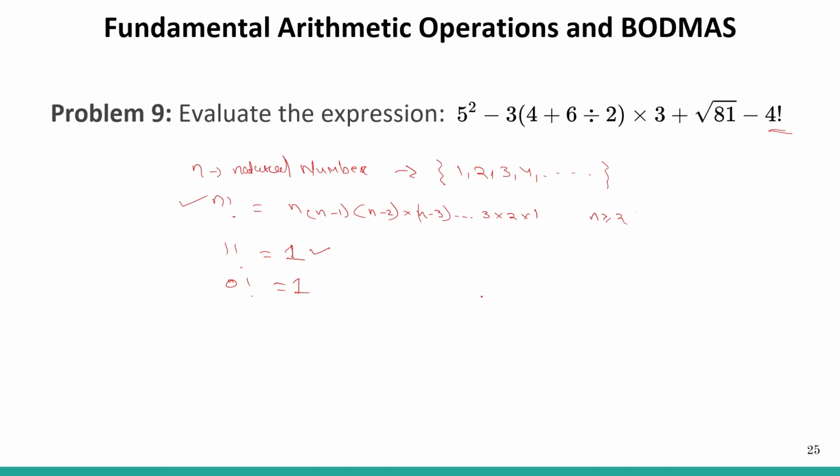So what we look for first is brackets, and we solve the brackets first. If we solve this bracket first, what we will be left with is 4 plus, then inside it we'll again do the BODMAS rule. Inside this there is no bracket, but there is division.